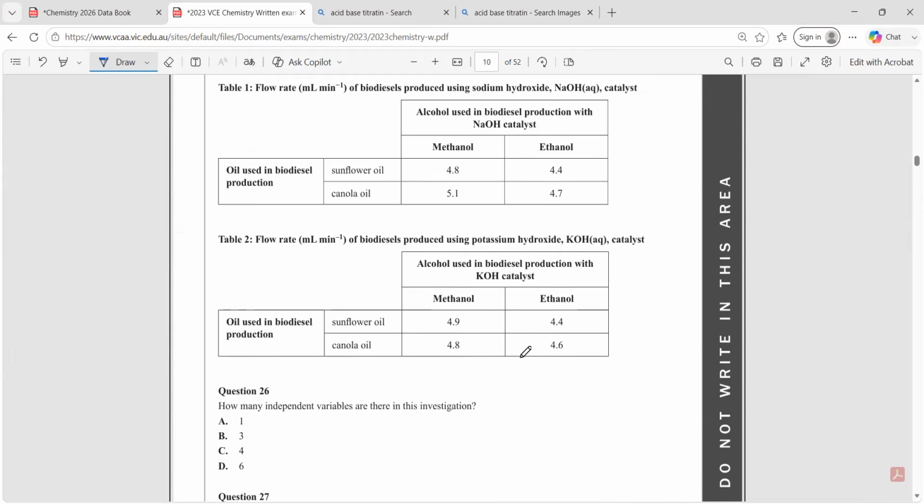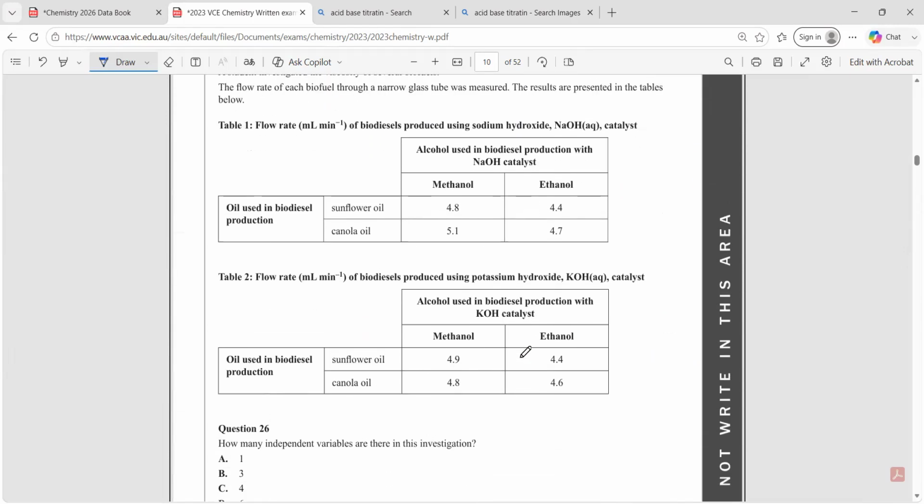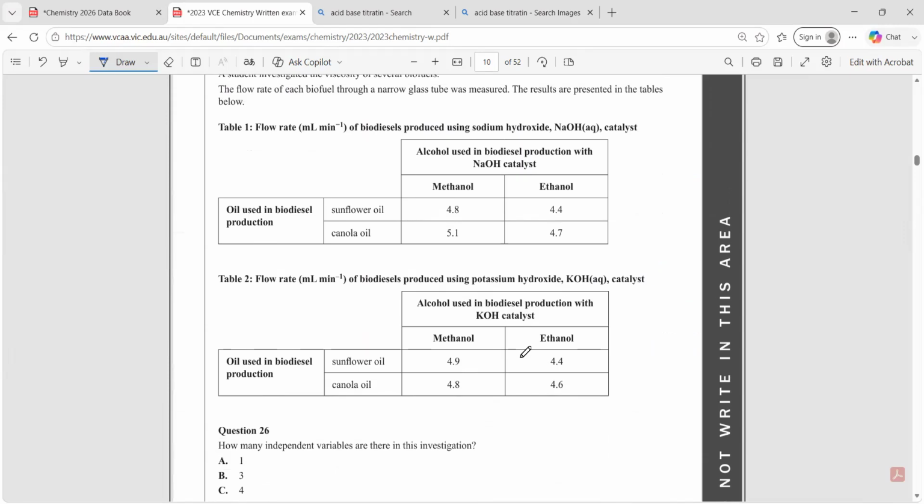Viscosity, flow rate, okay. Methanol, alcohol used in, okay. So this is actually less viscous. So the flow rate, oh wait, no, sorry, it's more viscous.